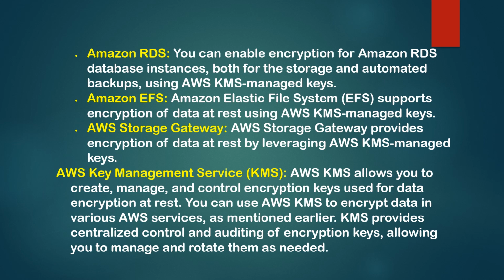You can use AWS KMS to encrypt data in various AWS services. As mentioned earlier, KMS provides centralized control and auditing of encryption keys, allowing you to manage and rotate them as needed.